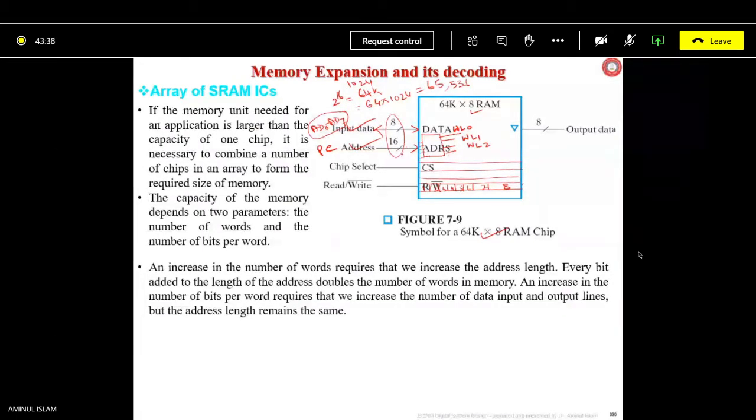No, you have the 16. WL15. How? Sir, 16 bits of address is there.